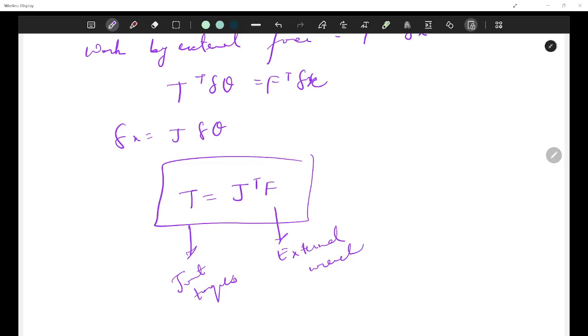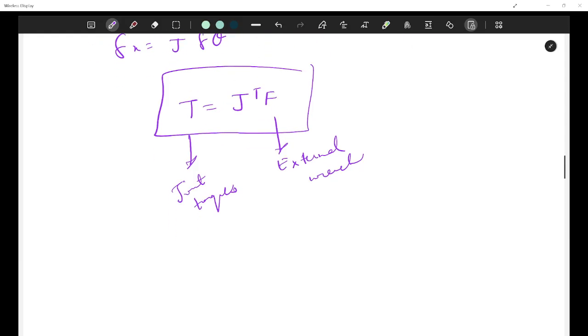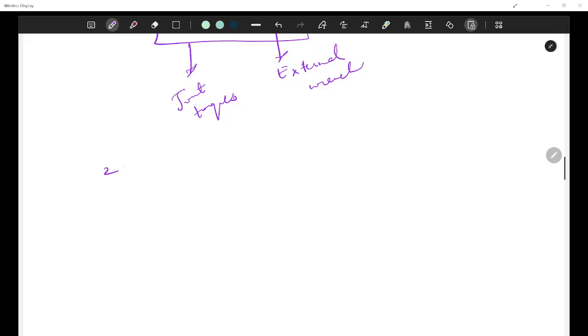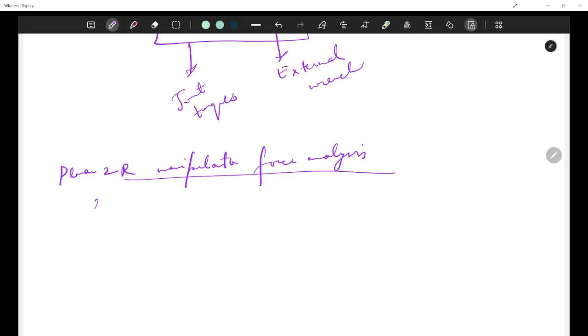So if we take a planar robot example, manipulator force analysis, let the force at the end effector be Fx and Fy.